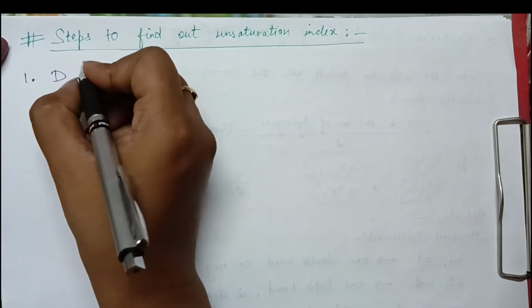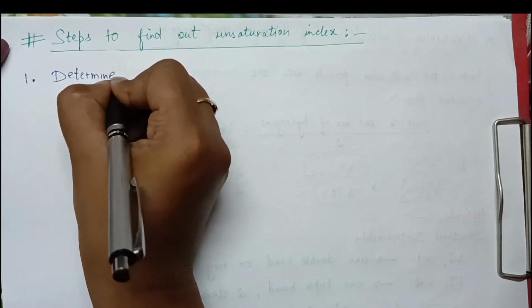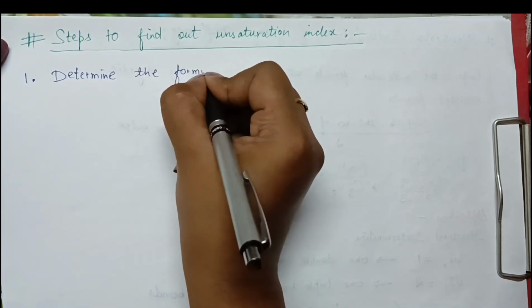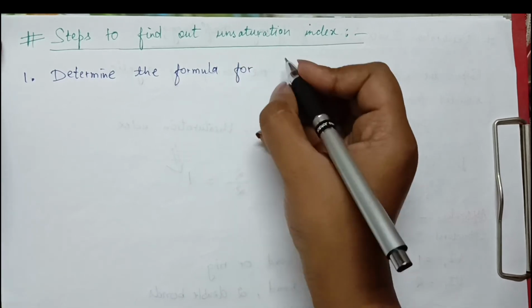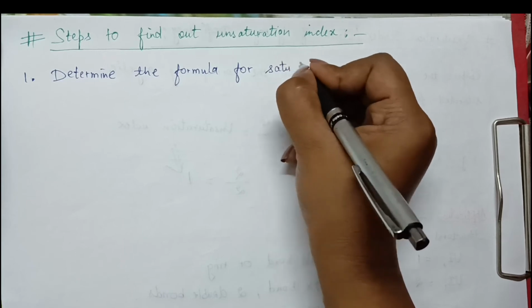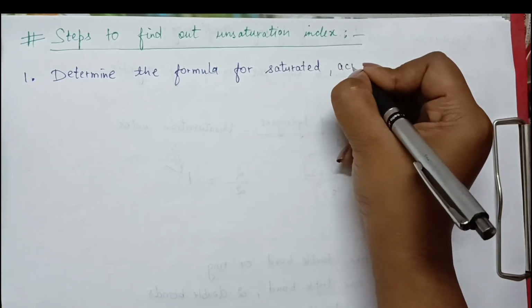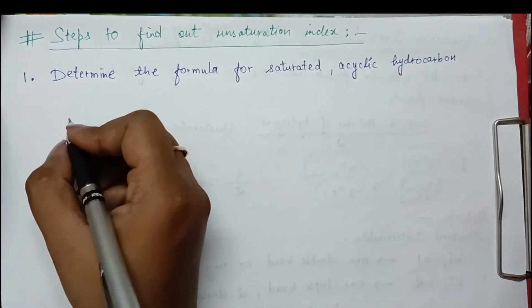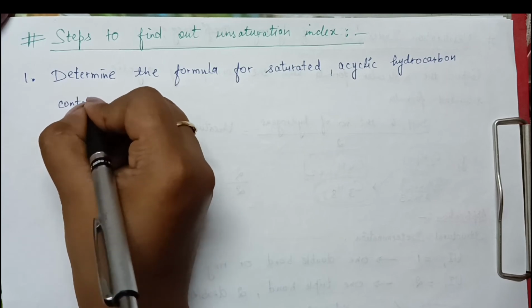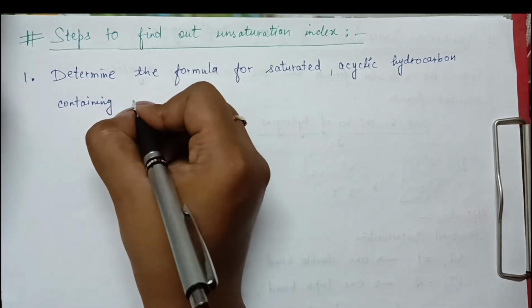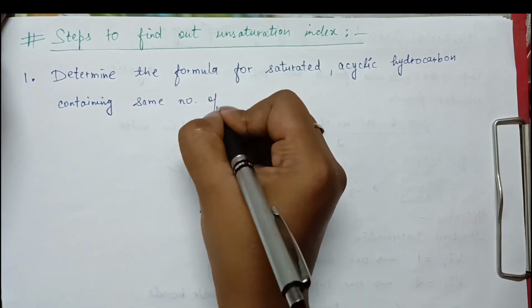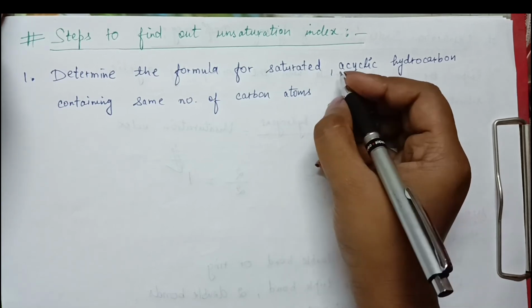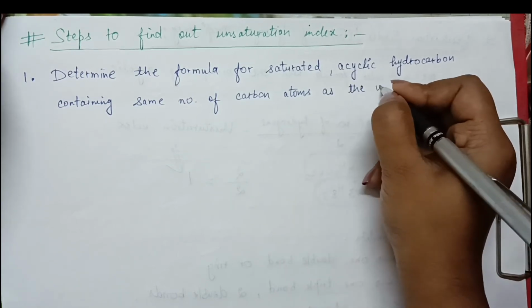The first step is to determine the formula for the saturated acyclic hydrocarbon containing the same number of carbon atoms as the unknown substance.